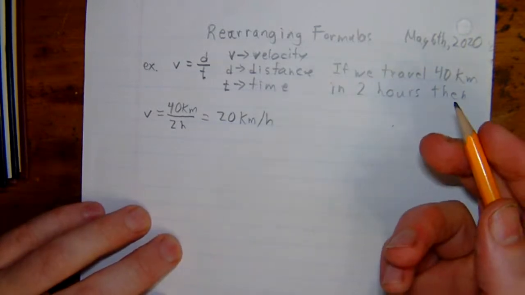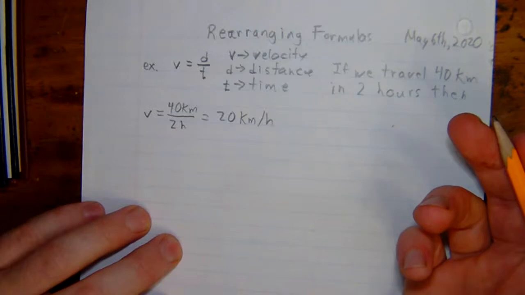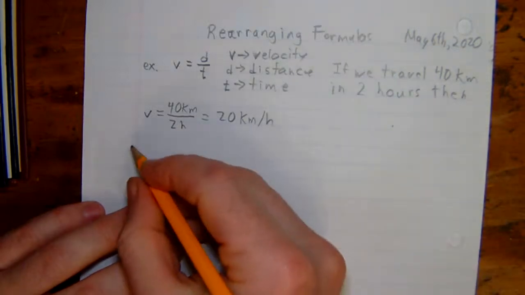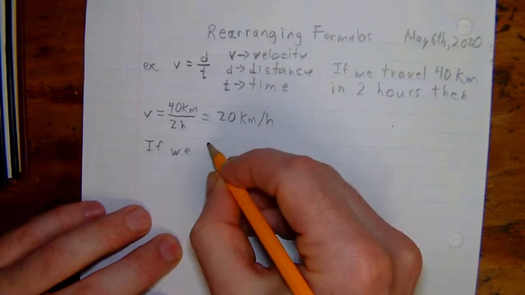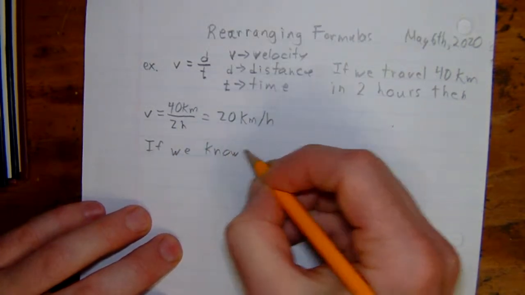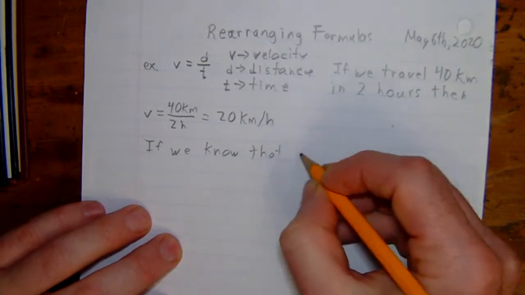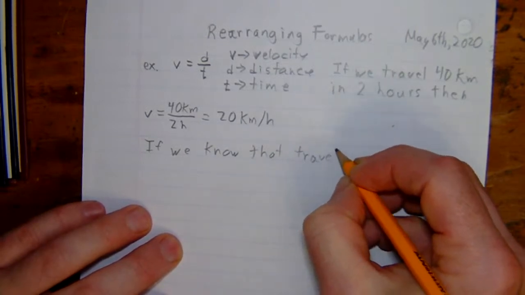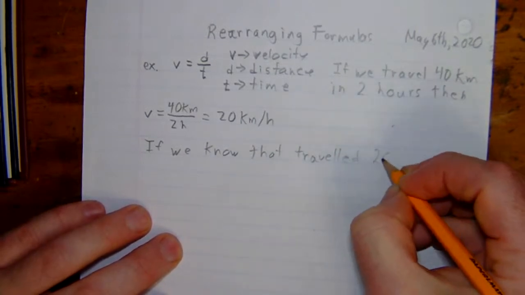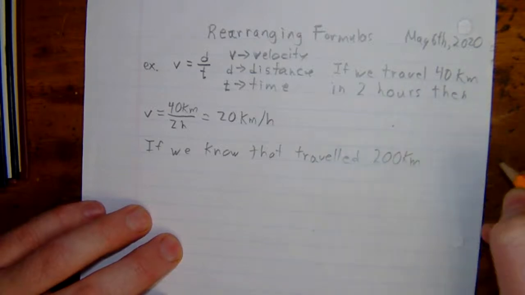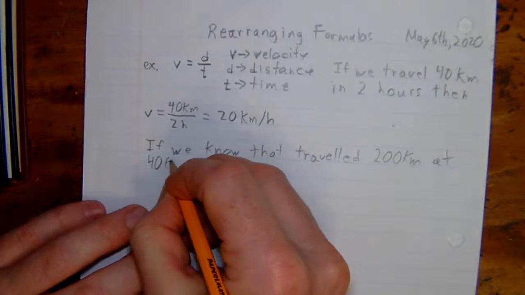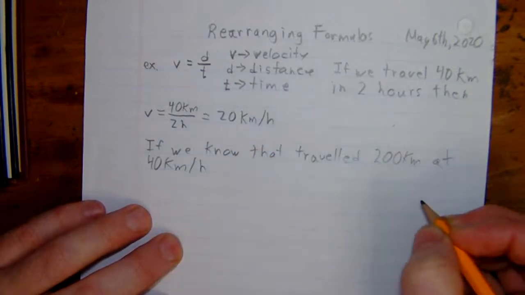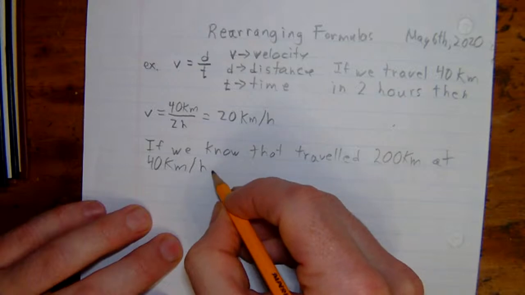So what if I wanted a formula for time? So if we know that we traveled 200 kilometers, so we know the distance, at 40 kilometers per hour, so we also know the speed.